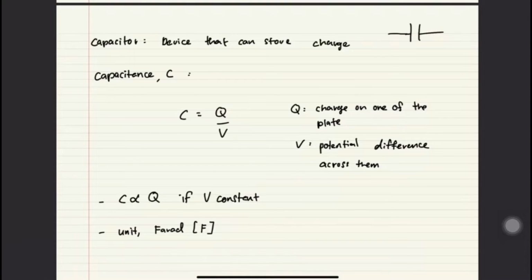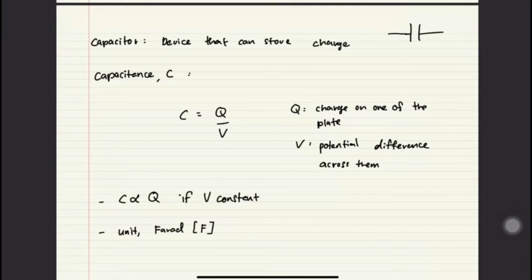We use the symbol C. Capacitance by definition is the ratio between the charge on one of the plates over the potential difference across them. Okay, so over here it will accumulate charges. Charges akan terkumpul dekat salah satu terminal, and itu dia punya ratio tu, itu adalah nilai capacitance.